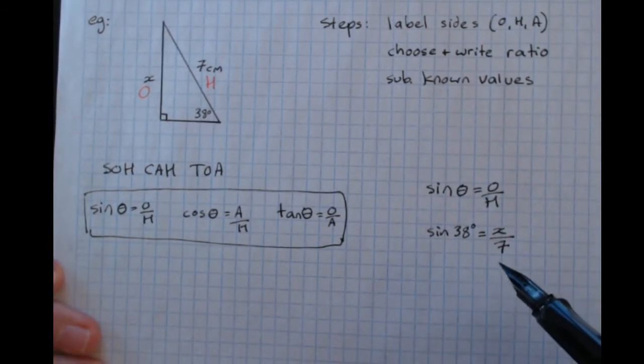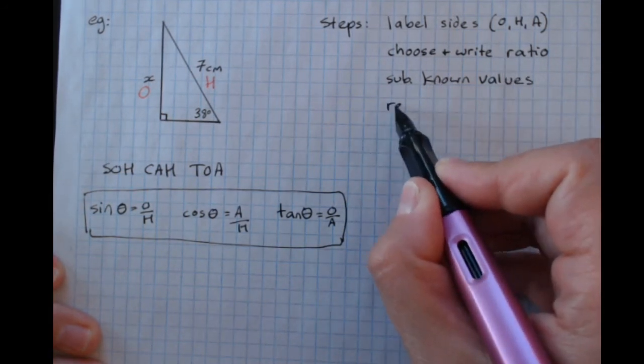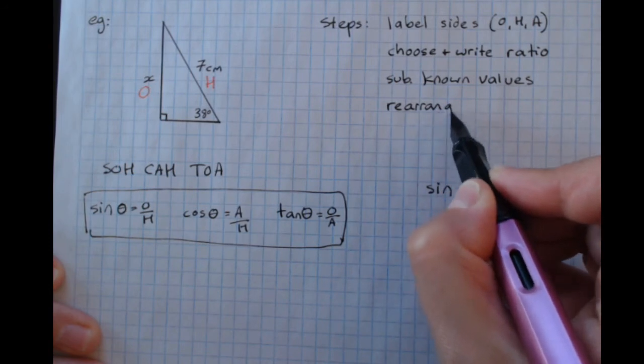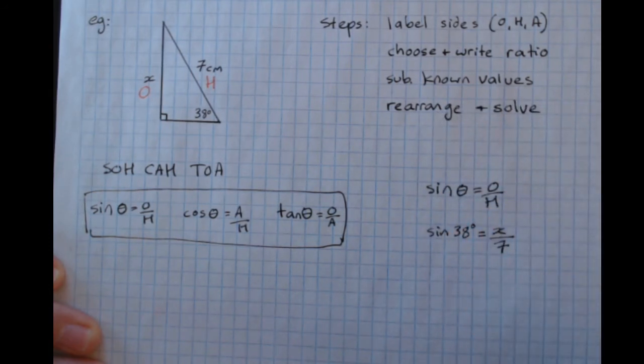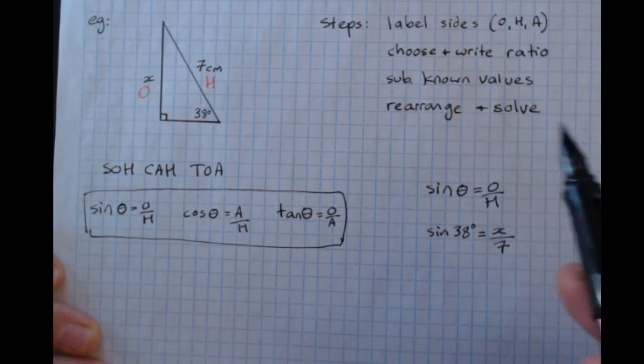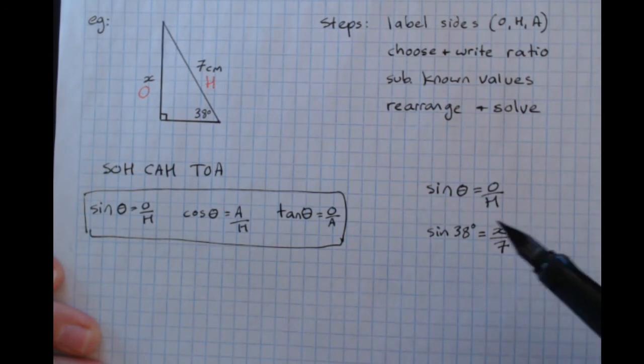And once we've substituted our known values, we're going to need to rearrange and solve to get the answer. We rearrange to get x on its own. Now this one's done in the first lesson because this one's nice and easy where x is on the top.